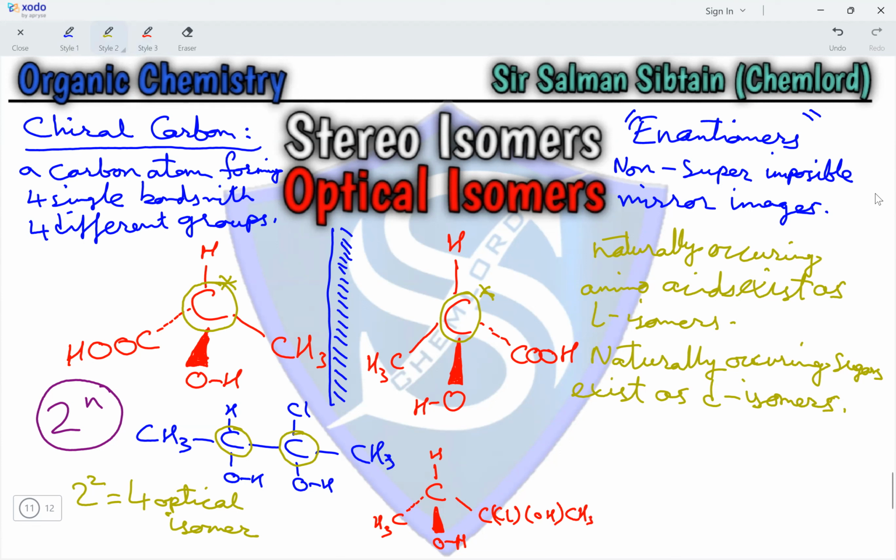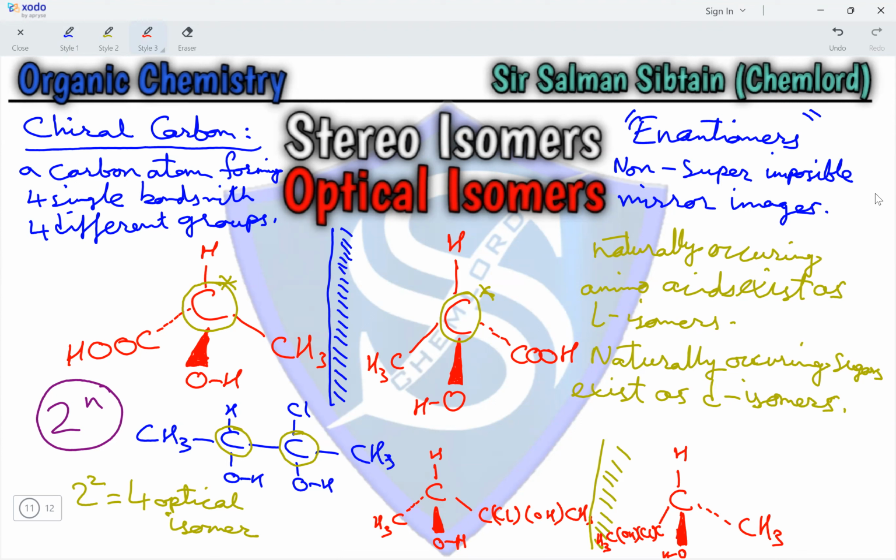And its mirror image would be the carbon with the hydrogen on the top, the OH on the bottom, the CCl, OH, CH3 on the left, and the CH3 group on the right.